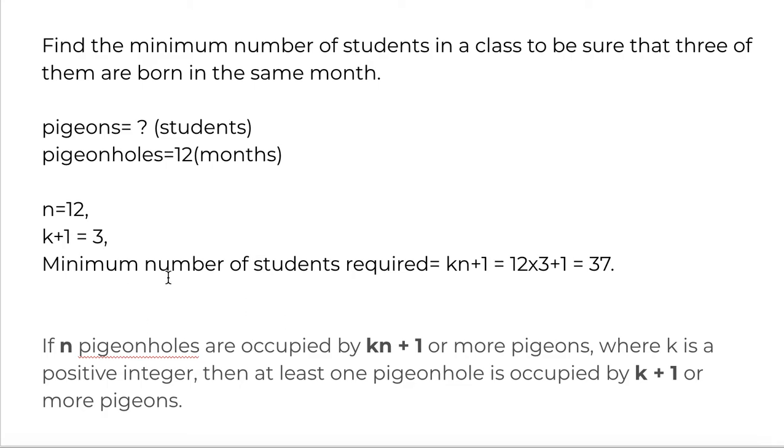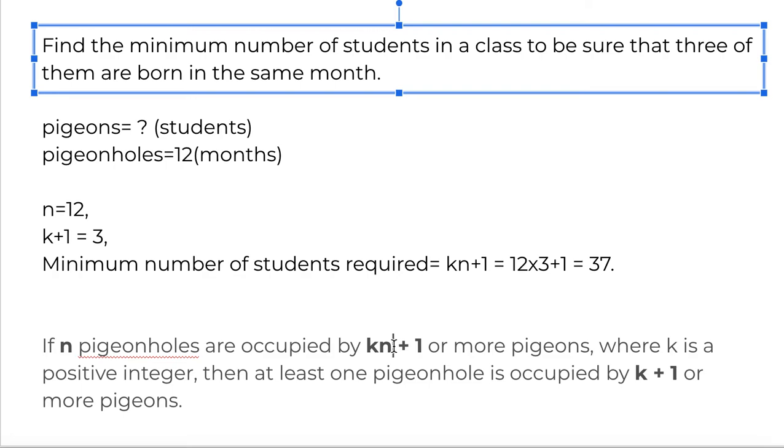So now the minimum number of pigeons required, the number of students required, is kn plus 1, and hence you just place the values here. You have 12 times 2 plus 1, that is 25. So you require 25 students to be sure that 3 of them are born in the same month. It's a direct approach of the extended pigeonhole principle.